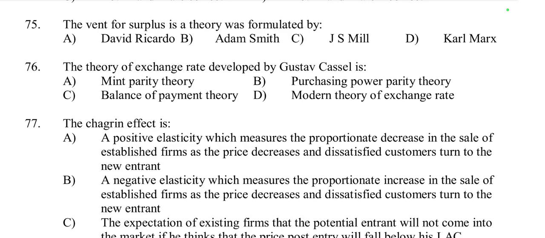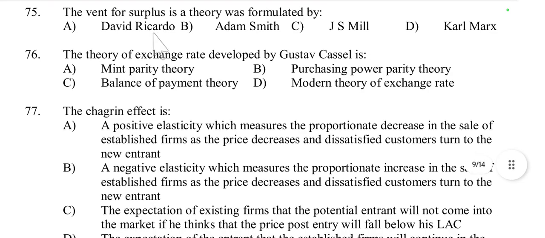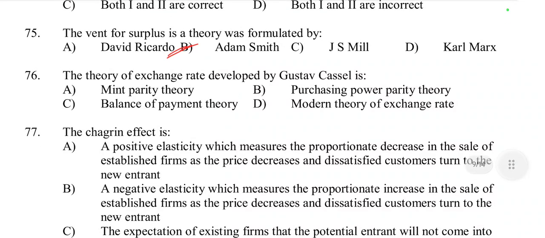The theory states that when a country produces more than it consumes, it produces a surplus. Here production is greater than consumption. This is called vent for surplus, given by Adam Smith.